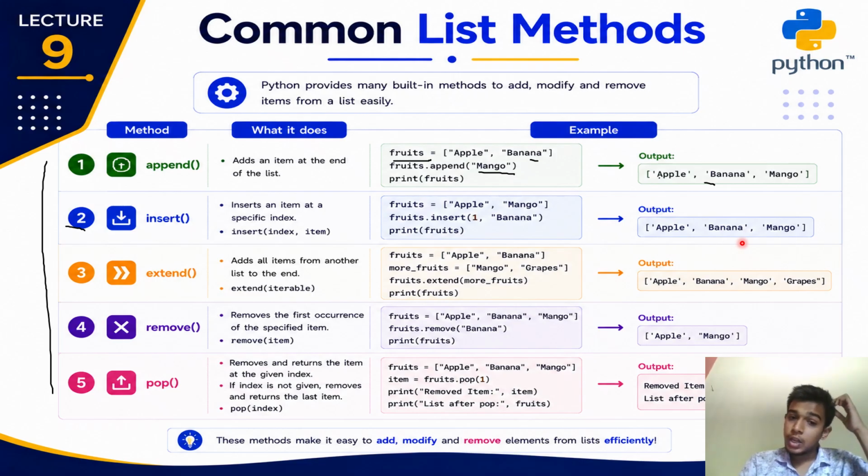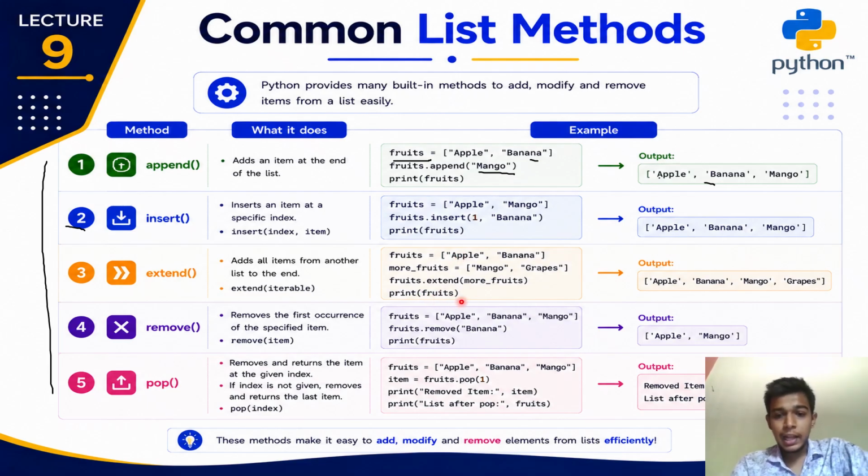Now the third one is the extend method. It is used to add all elements of another list into the current list. You can see the example of extend. Again, the list of fruits is given. Then another list of more fruits is given. Then the extend method is used, and in the last, print fruits.